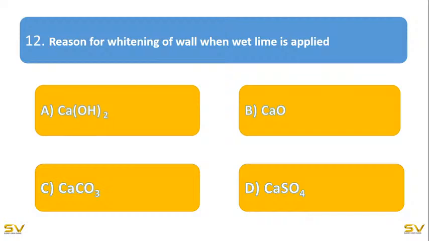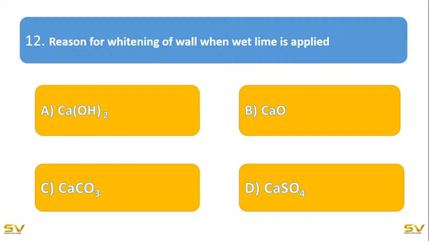So if you take the gas, it will be carbon dioxide only. When acids react with metal carbonates and metal hydrogen carbonates, the gas liberated is carbon dioxide. Among the four, which is responsible for the whitening of wall? I'm not getting any answer.